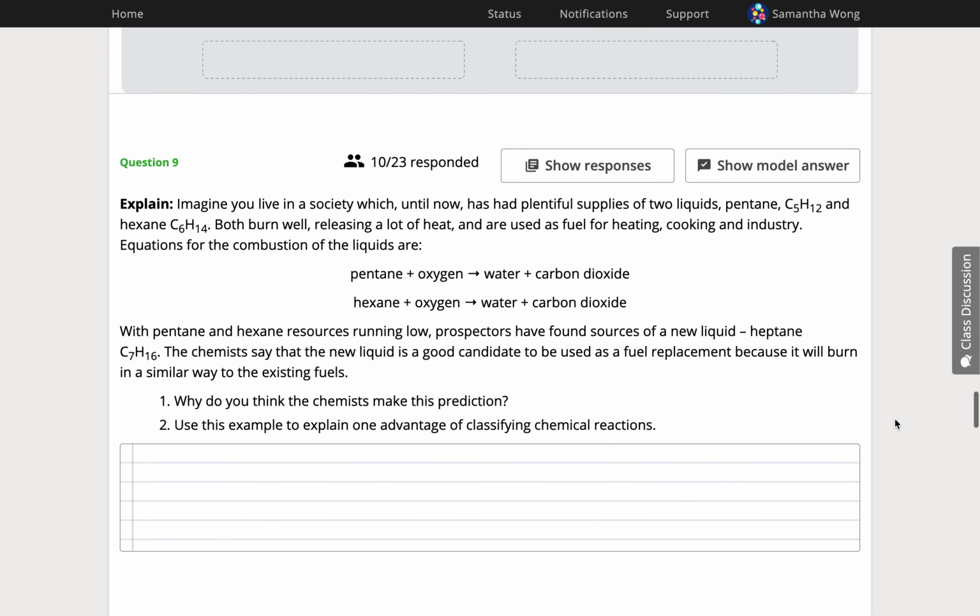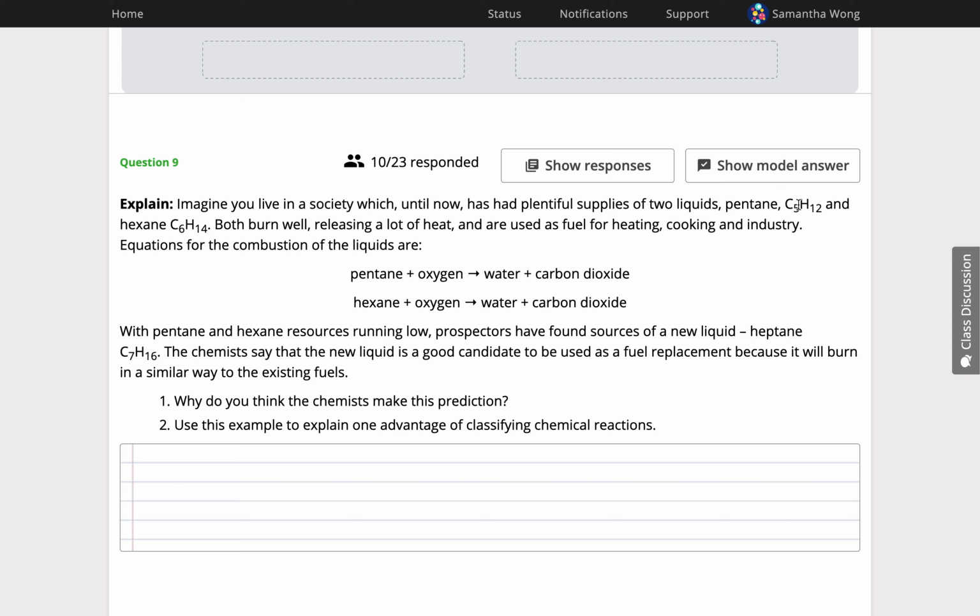So, moving on into some slightly more conceptually challenging questions. Question 9 asks you, imagine you live in a society which until now has had plentiful supplies of 2 liquids, pentane, C5H12, and hexane, C6H14.